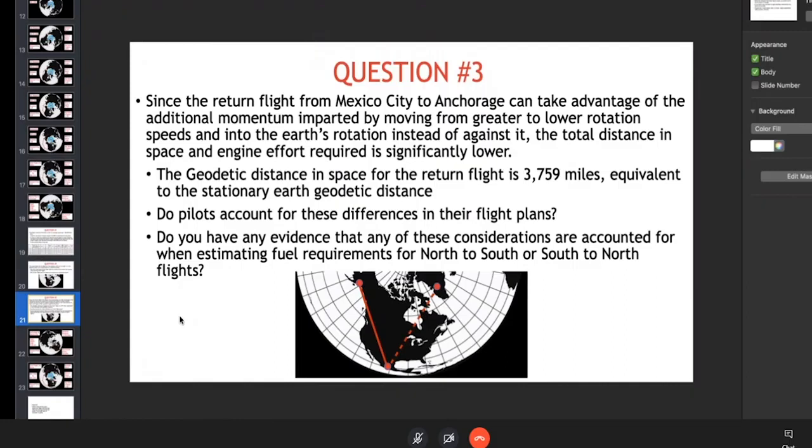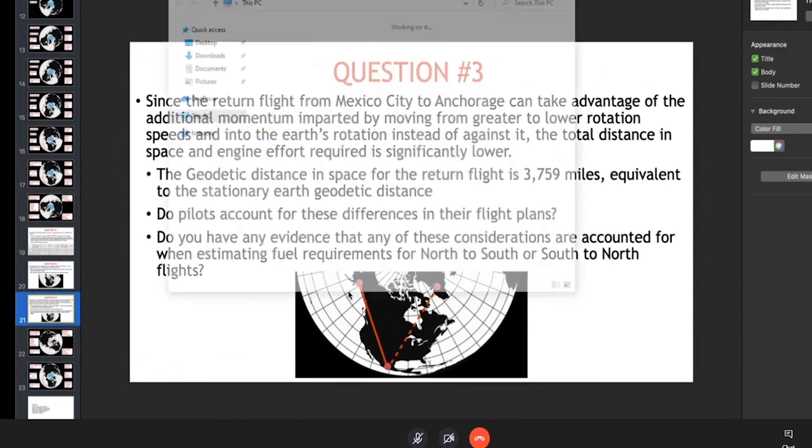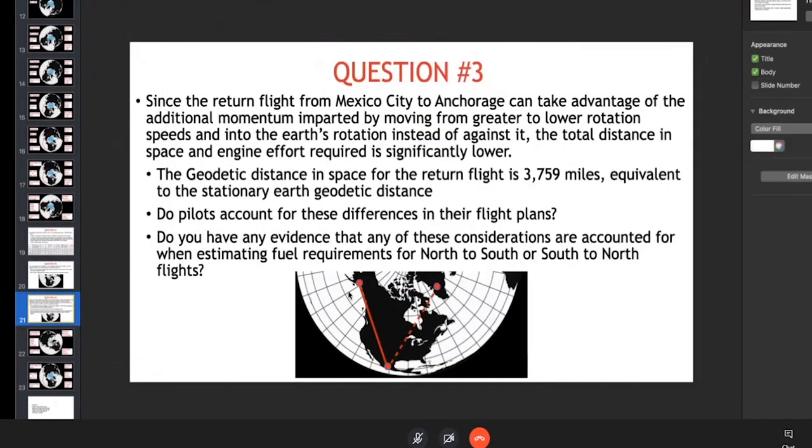You fly towards your destination, your plane is heading that way, you adjust for the wind, etc. In this rotating Earth model, you're going to have momentum in one direction, and you're going to have to try to either decrease or increase the momentum in that direction, and that direction does not equal the direction that the plane is pointed. It's essentially a crosswind, or a cross momentum, that is required in order for you to catch up or slow down to the Earth.